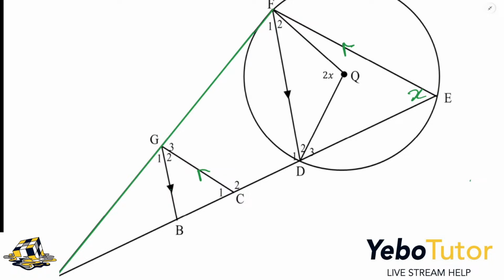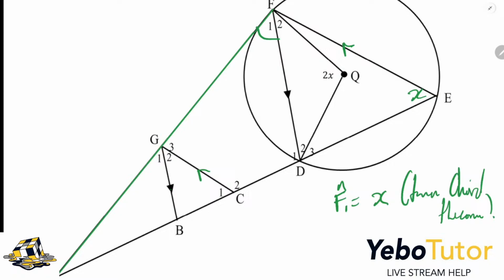So we can now see that angle F1 is equal to x, because this is the tan chord theorem. Then we can see that C1 will be equal to angle F1, which is also equal to x, because it's the exterior angle of the cyclic quad.